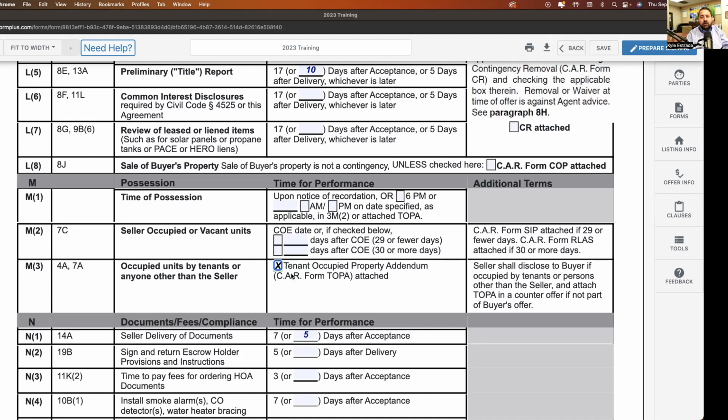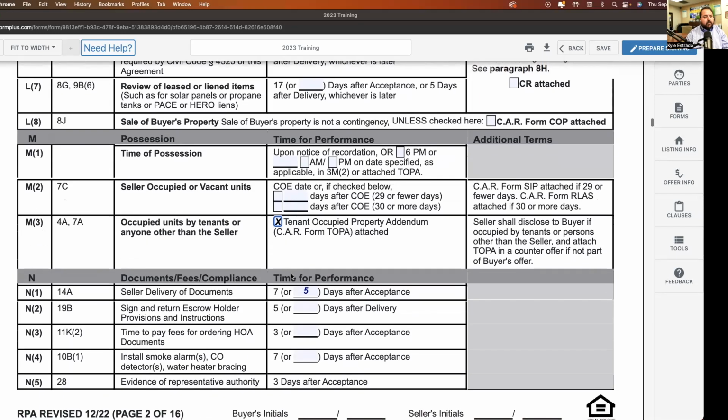I need you guys to know that, because when we're finally going through and doing the QC on the files, we are missing TOPAs on tenant occupied properties. Okay. Any questions?